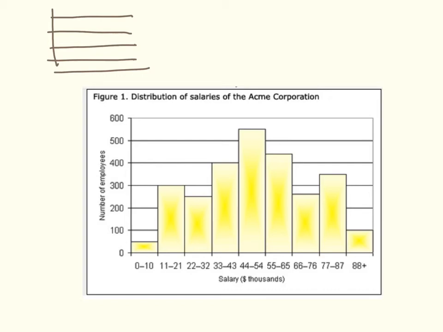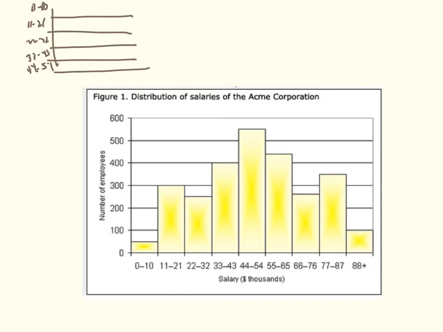We would have said, well, if there were 0 to 10 responses, we're going to put them here. 11 to 21 here. 22 to 32 here. This is getting a little messy, isn't it? 33 to 43 here. 44 through 54 here.